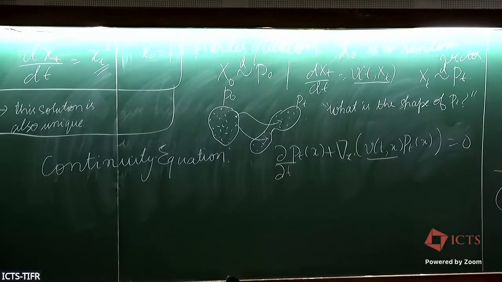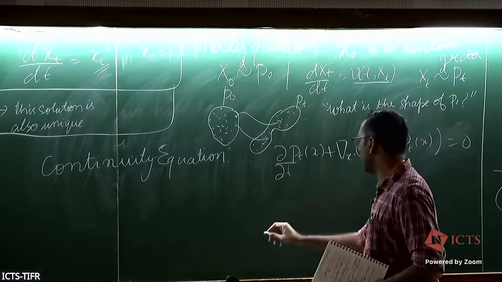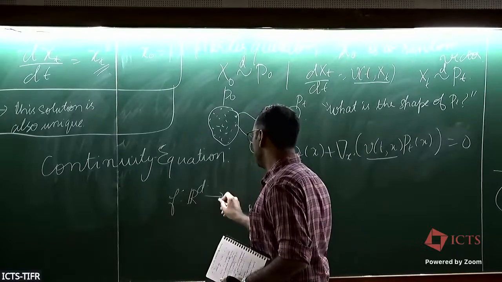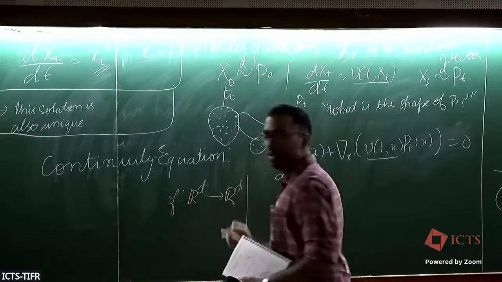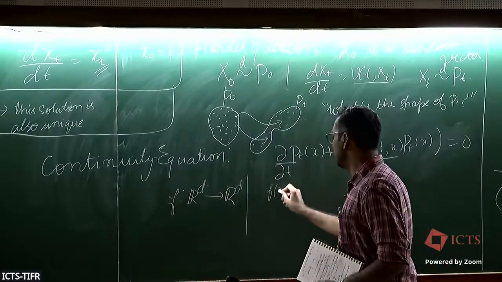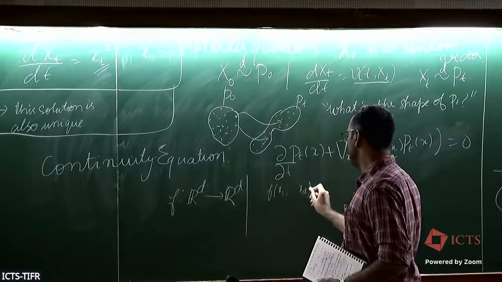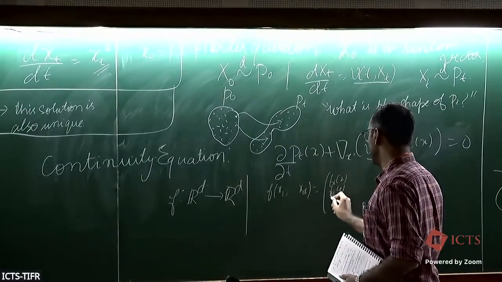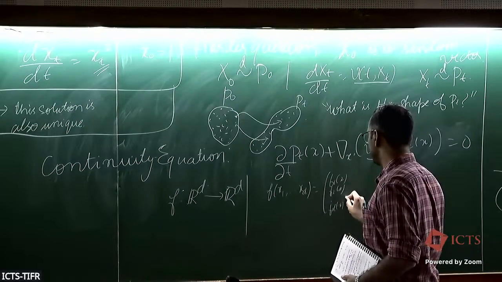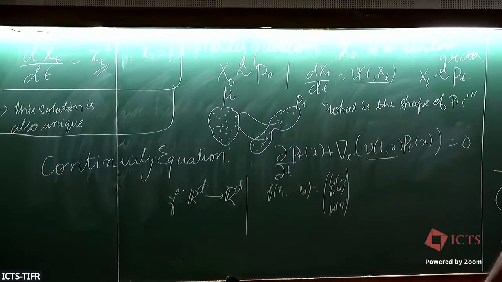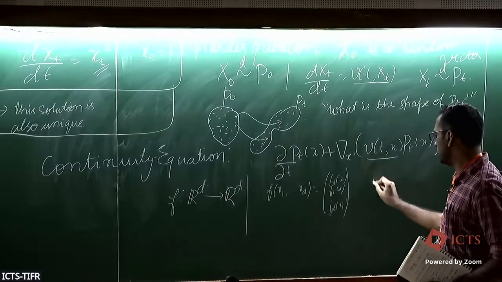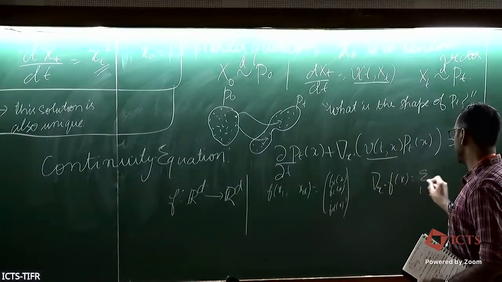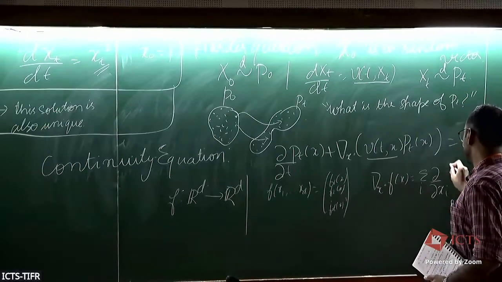Suppose we have a function f from R^d to R^d, which we write as f(x_1, ..., x_d) = (f_1(x), f_2(x), ..., f_d(x)). Now what is the divergence? The divergence of f(x) is equal to the sum over i of the partial derivative with respect to x_i of f_i(x).